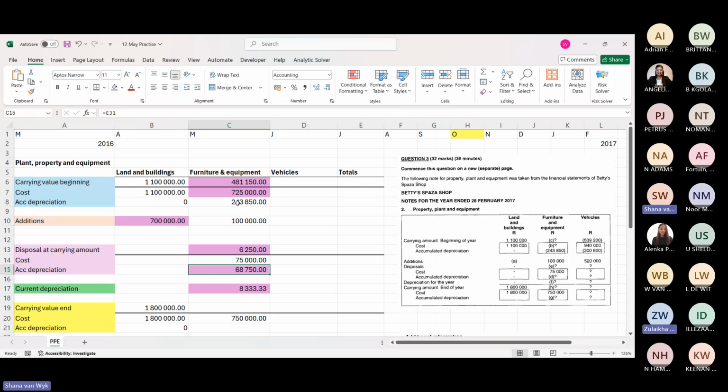I'm confused. We need to subtract that now. This one minus this one should give you the remainder. So give it to me.